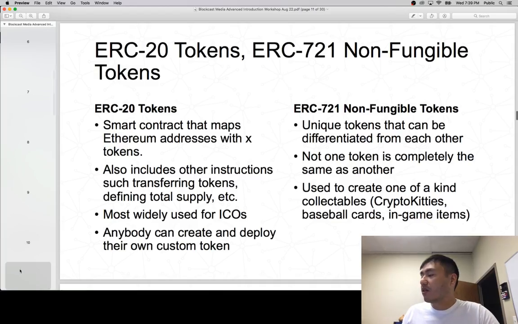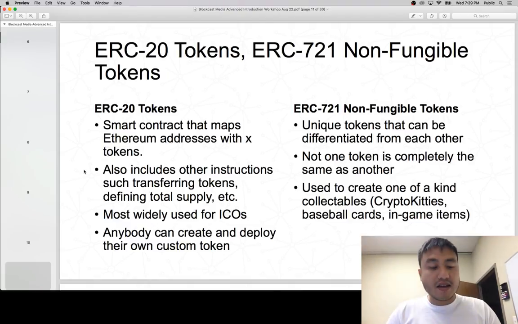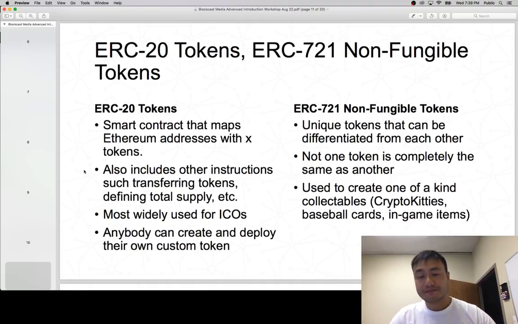Speaking of tokens, the ERC20 token standard is a standard of how to have an Ethereum-based token. It lays out a standard protocol of what sort of information is required. So it's basically a smart contract that maps Ethereum addresses with X amount of tokens.